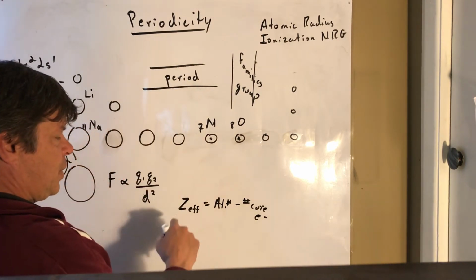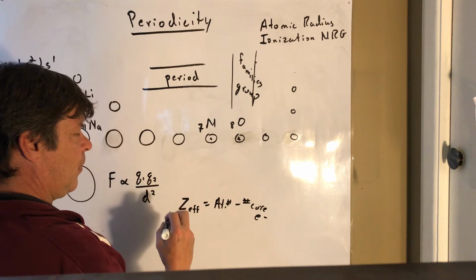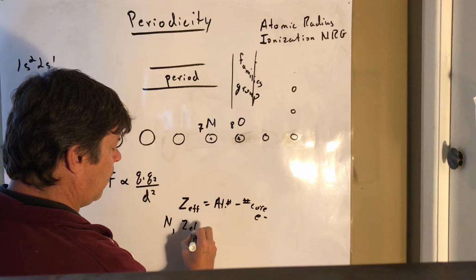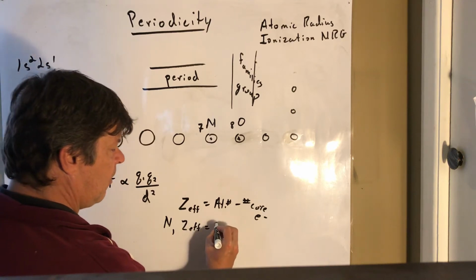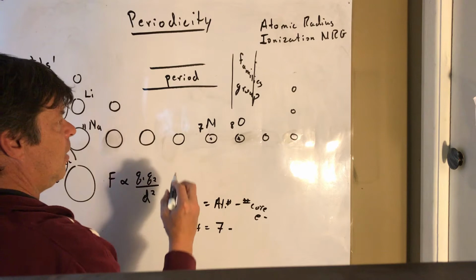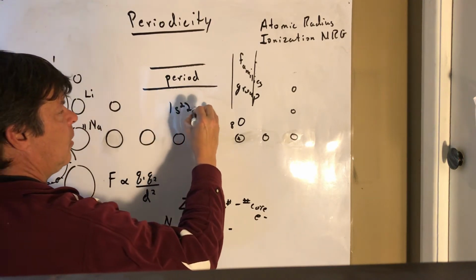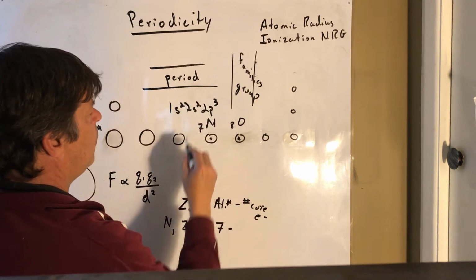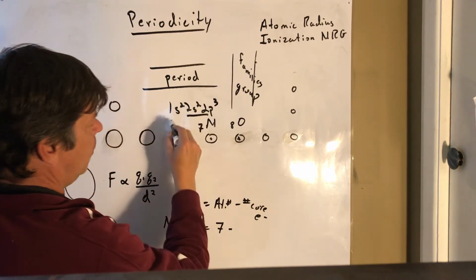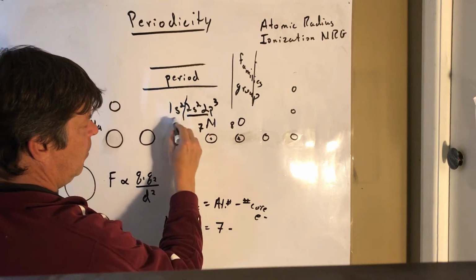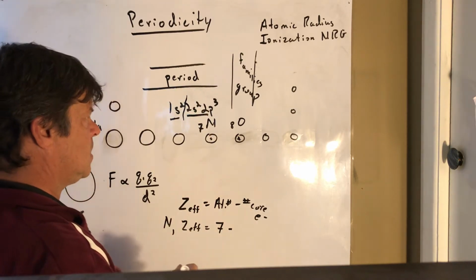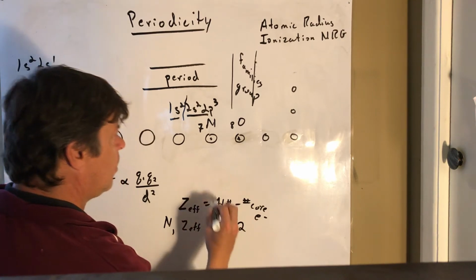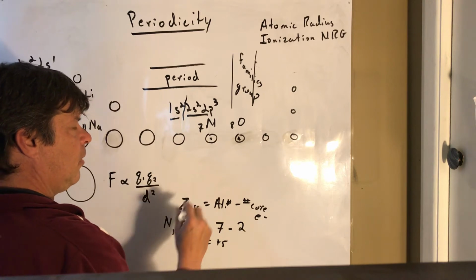So for nitrogen, the effective nuclear charge would be 7 minus, now let's think about nitrogen, 1s2, 2s2, 2p3. It has 5 valence electrons, and it has 2 core electrons, so 7 minus 2 is plus 5. So the effective nuclear charge for nitrogen is plus 5.